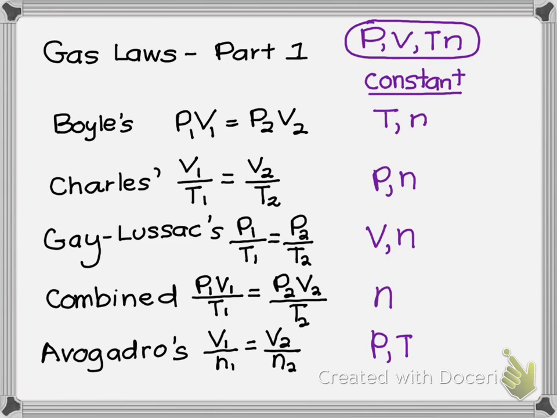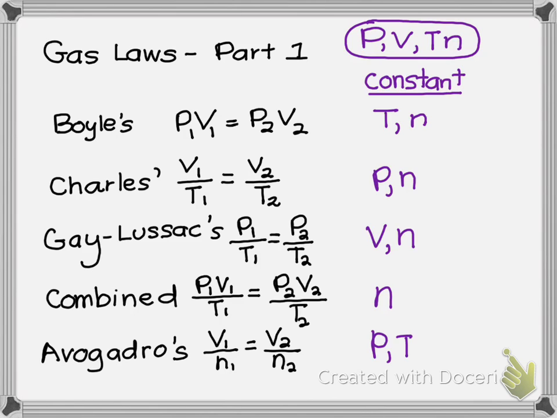Now, there's one other thing that I find interesting about these gas laws and what they can tell us, and it actually allows us to predict what we think would happen, whether the property we're looking at would increase or decrease. Now, when 2 properties both increase, we call that directly proportional. And if one of them increases while the other one decreases, they do the opposite, we call that inversely proportional.